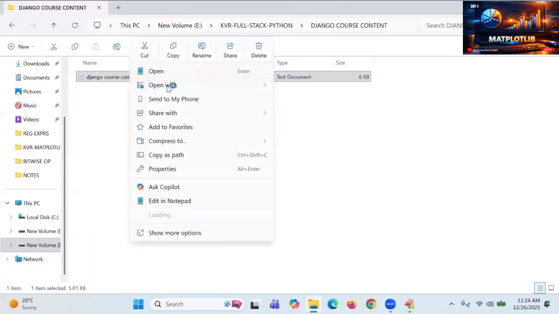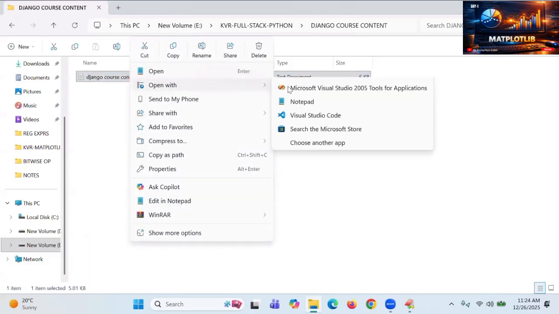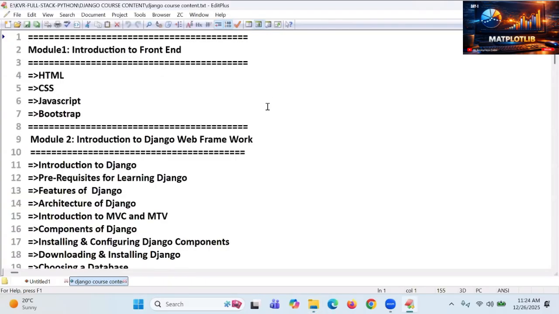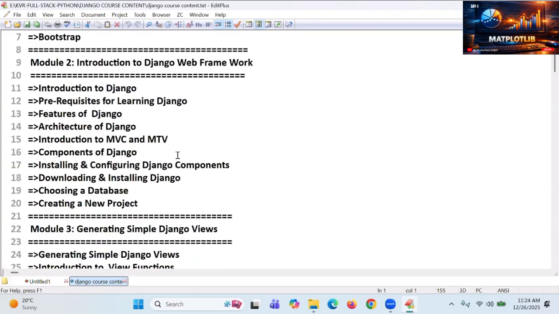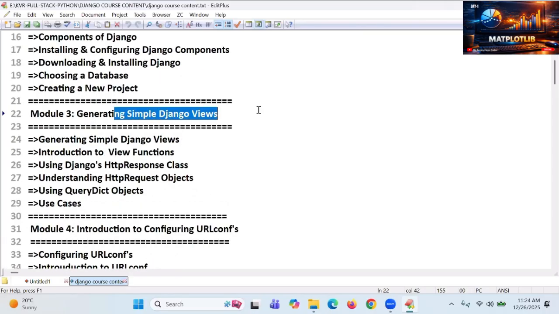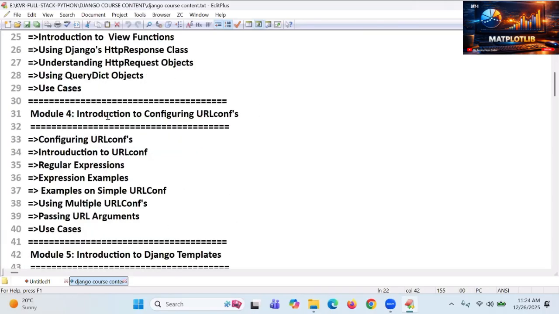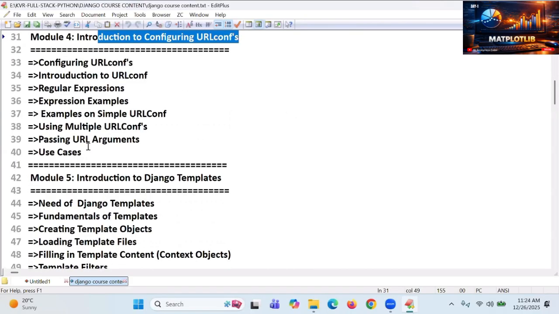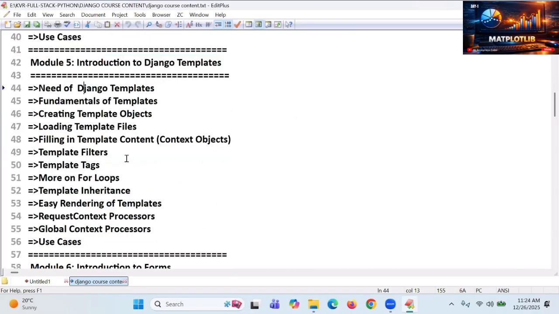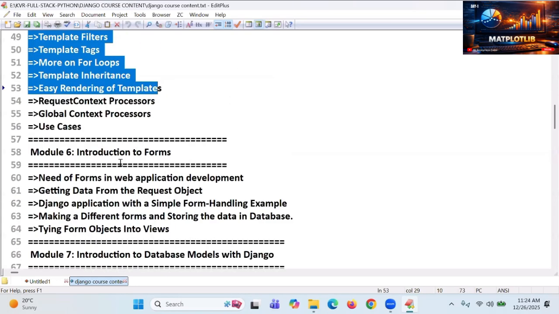It's elegant. If you show it to the project manager of any company, they'll say wonderful. There are no words to describe it. Module one: web framework, sample Django views, configuring URL connections. Next, Django templates, topic to topic.